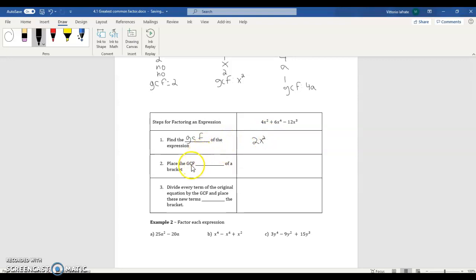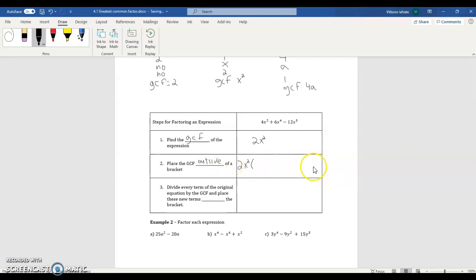And so what we're going to do is we're going to place this greatest common factor outside of a bracket. Like this, 2x squared.